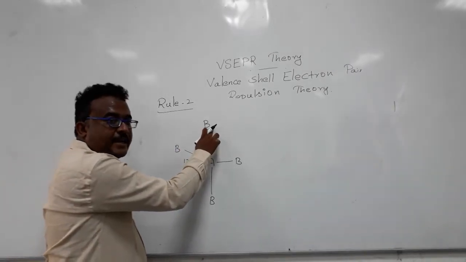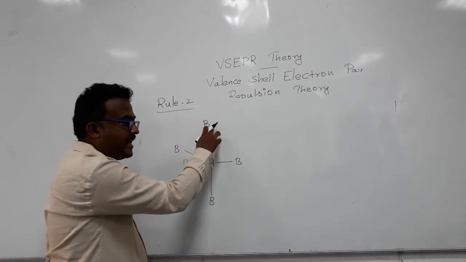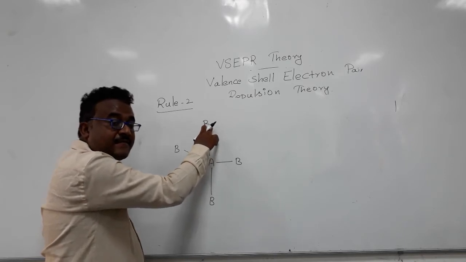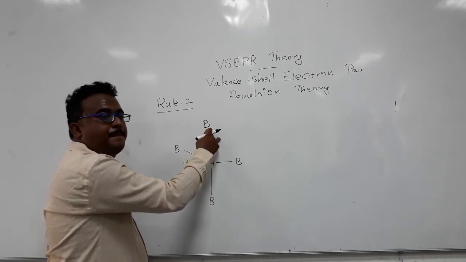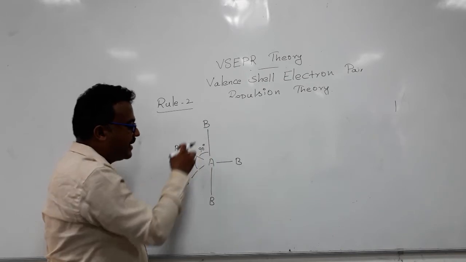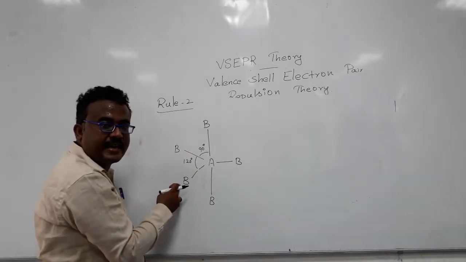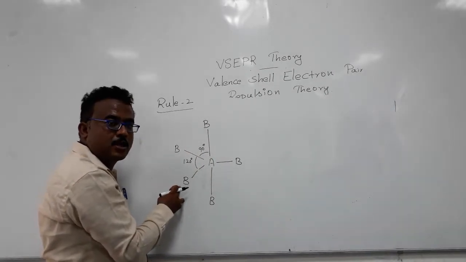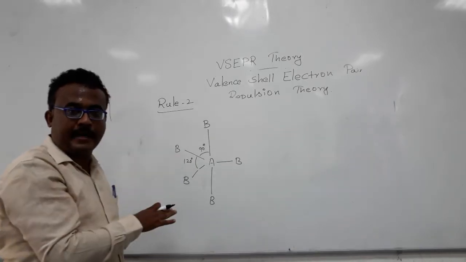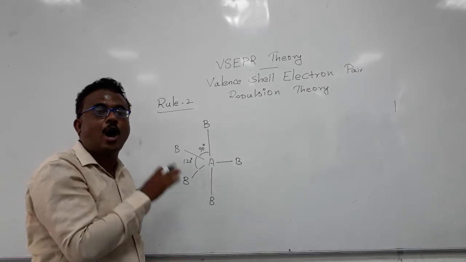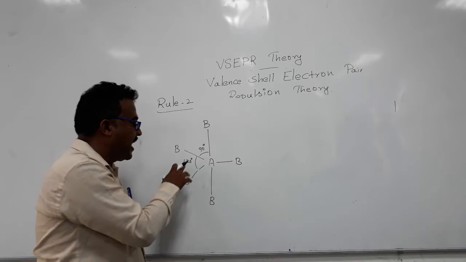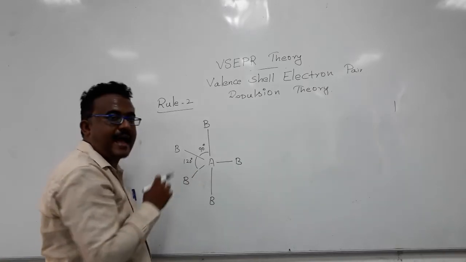If we keep a lone pair of electrons in the axial position in TBP geometry, it will face more repulsion compared with keeping it on the equatorial side. So, in TBP geometry, the lone pair of electrons will occupy the equatorial side rather than the axial side.